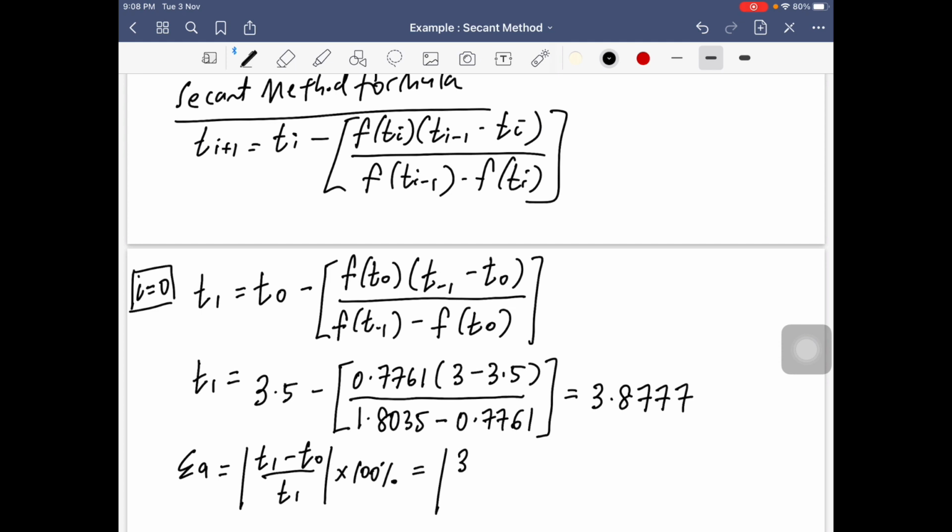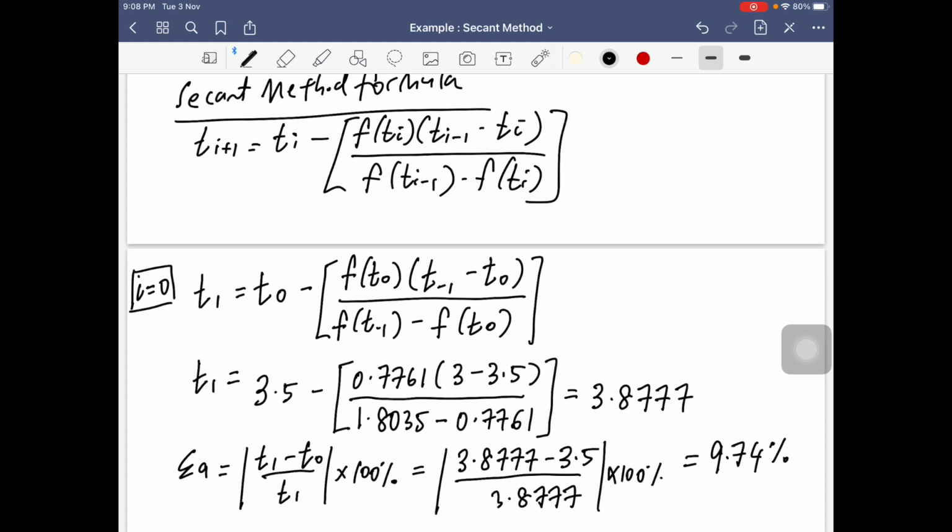So here we have (3.8777 minus 3.5) over 3.8777, multiply with 100%. Here you should get 9.74%. This value is greater than the given stopping criterion, so we need to continue to the next iteration.